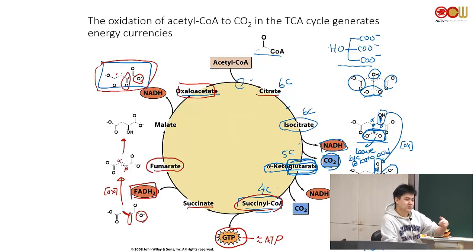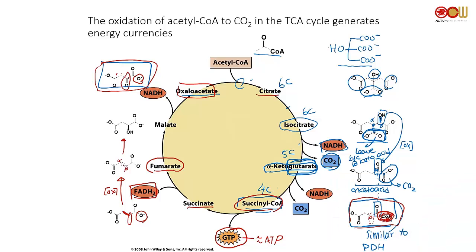Remember that? When we talked about alpha beta elimination, that kind of stuff. So go back to, I don't know, 3 lectures ago. Take a look. So whatever, in the end, you do a hydration on the double bond and it becomes malate.